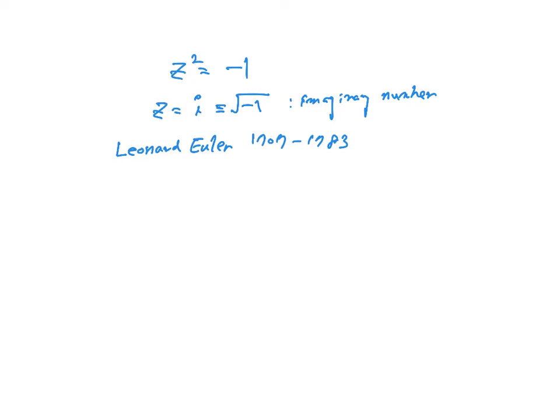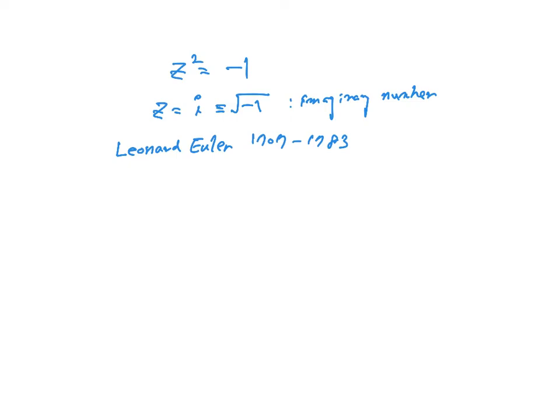So as long as the record goes back, it's Leonhard Euler who is supposed to have first discovered that number that, if you square it, gives -1.